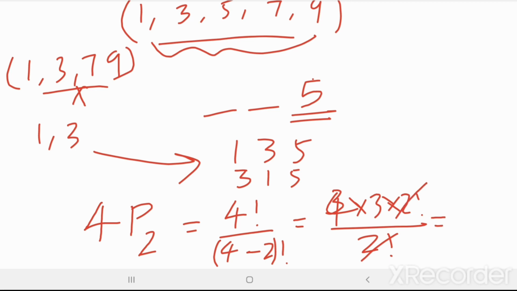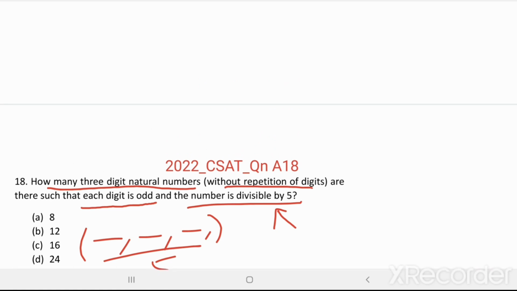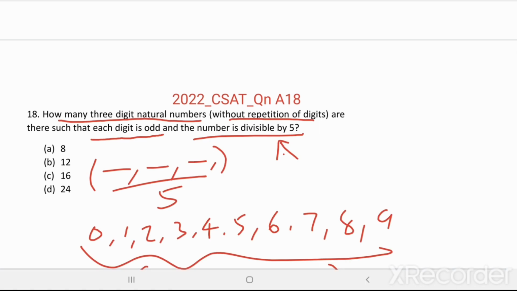We get 4 into 3 equal to 12. So there are 12 3-digit numbers whose digits are odd and the number is divisible by 5. Option B is the right answer.